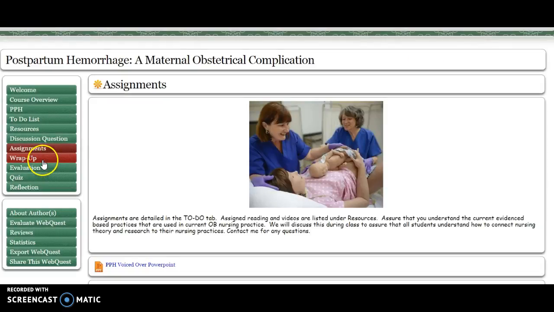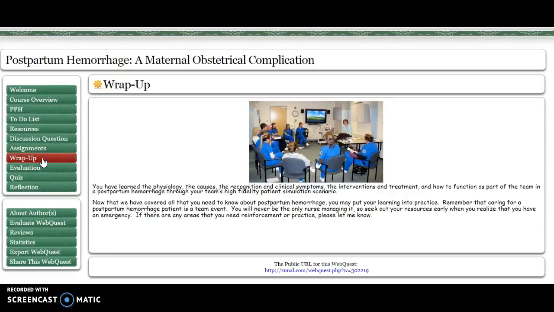In the wrap-up section, you review what you've learned, the physiology, the clinical symptoms, interventions and treatment, and how to function as part of a team in a high-fidelity scenario. You encourage the learners to put their learning into practice, to work as a team, to seek out resources when they realize that they are having an emergency, which is a very important step.